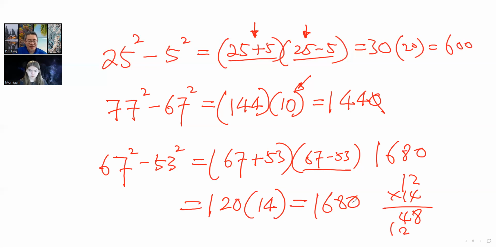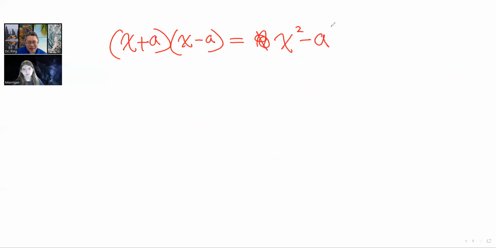Good. Okay. So this is actually a very famous identity: x plus a times x minus a equals, sorry, equals x squared minus a squared.